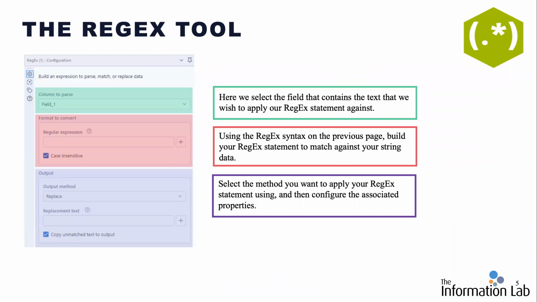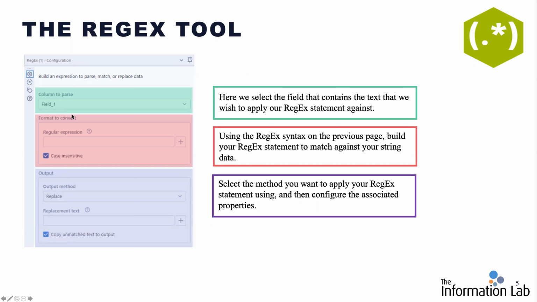So what does the RegEx tool look like in Alteryx? We will see it's in the Parse category. In the configuration box, first you need to choose which column you want to parse.